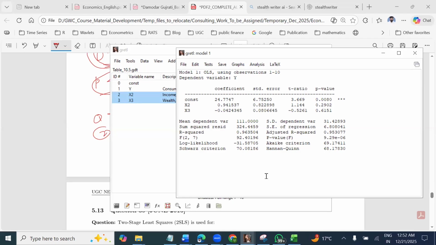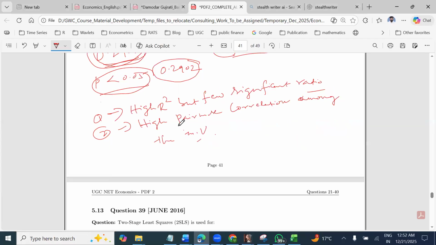What is the problem in this regression model? There is a multicollinearity problem. How did you get to know that there is a multicollinearity problem? Because R-square is very high, and T ratios are not statistically significant.